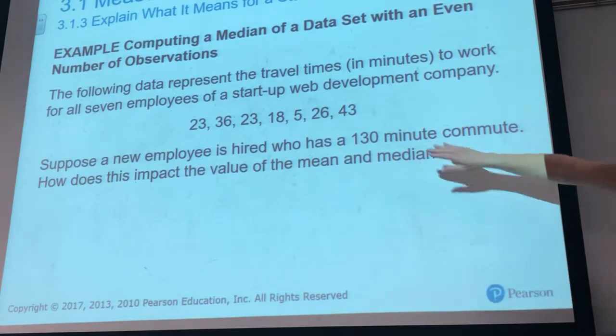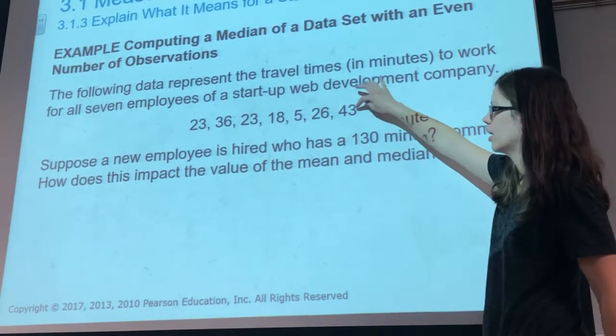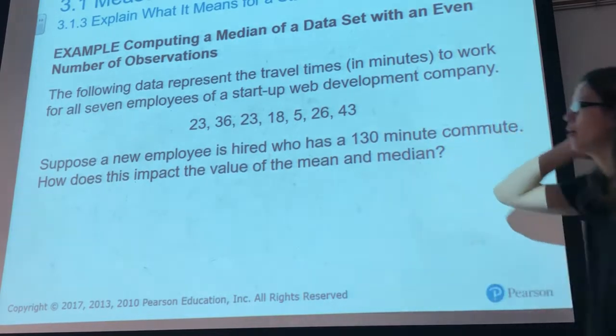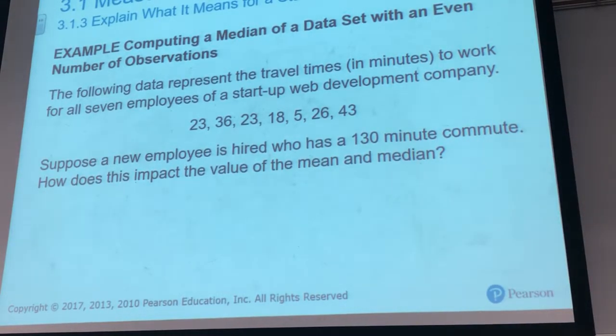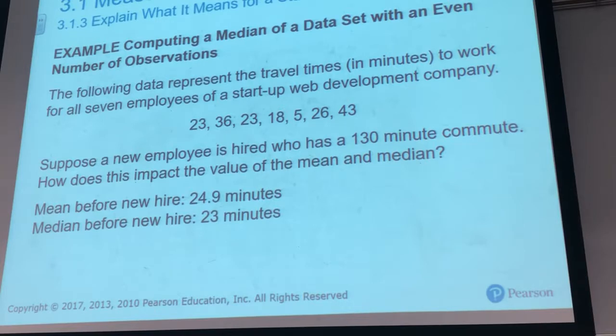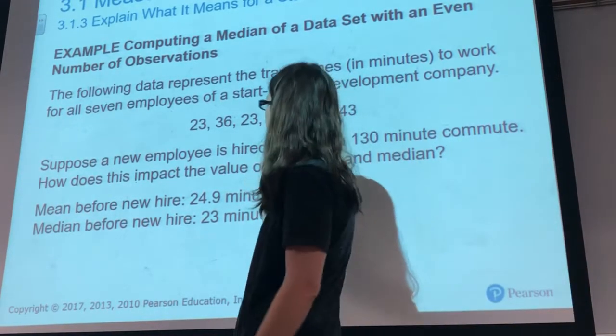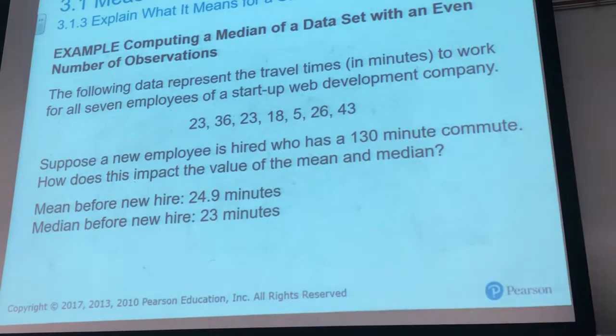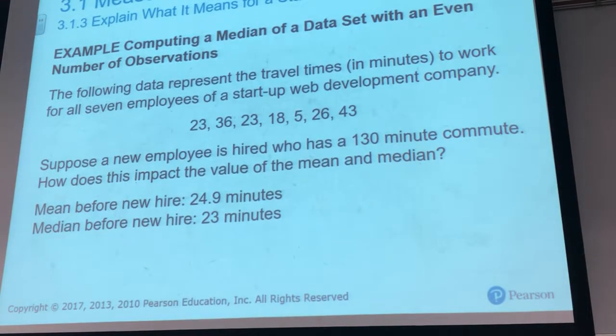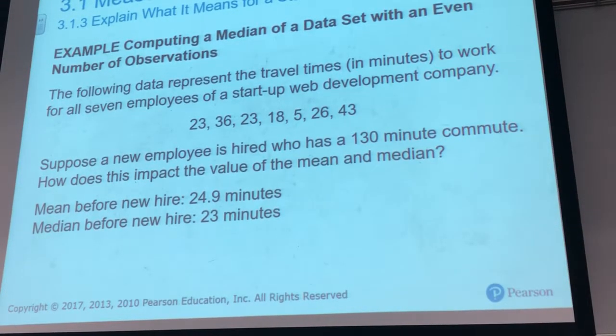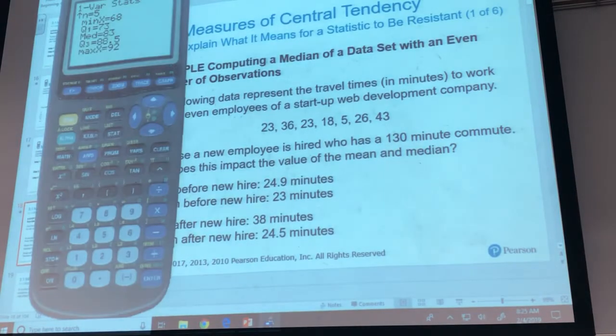Well, so without this person here, we already know what our mean and our median are because we calculated those previously, 24.9 and 23 minutes. We found those on a previous slide. But now we need to figure out what it is with this 130-minute commute person. So we're going to throw in that 8th person. You can do that by hand if you want to. I'm just going to go ahead and put it in my calculator.